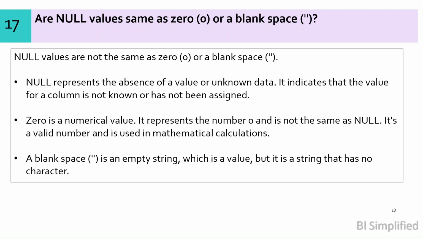It represents the number 0 and it's not same as null. It's a valid number which is used in mathematical calculations. And a blank space is an empty string which itself is a value, but it is a string which has no character. So the answer is null values are not same as 0 or blank space.